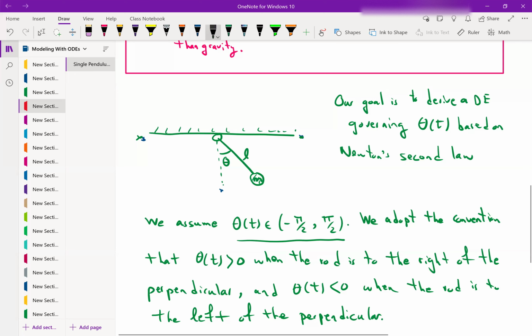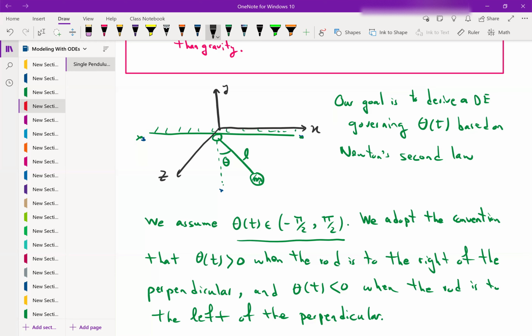So I'm going to consider this pivot point as the origin, and I'm going to choose this horizontal as my x-axis, the vertical as the y-axis. And of course, according to our assumption, the motion is happening in this plane. So I don't even need to consider the third dimension, but it doesn't hurt. So this z-axis is coming out of the plane.